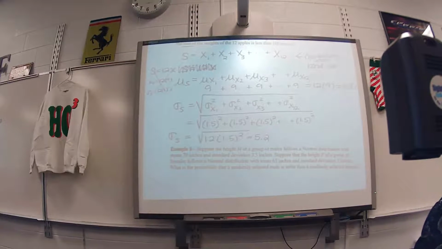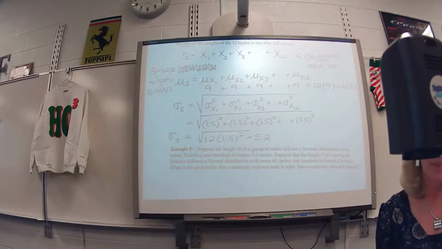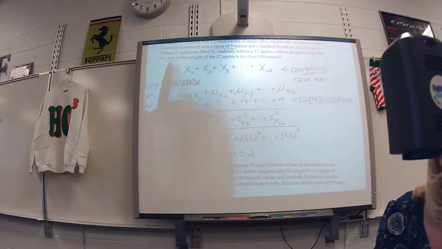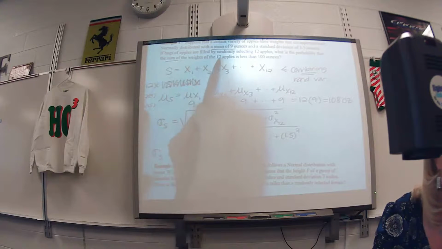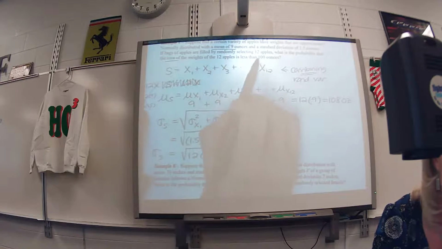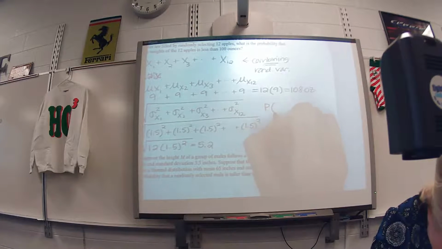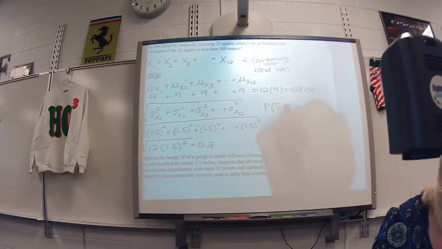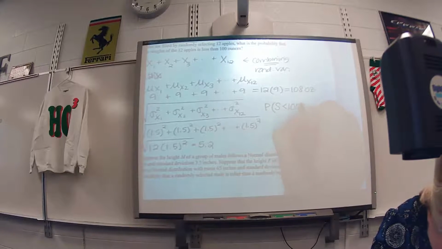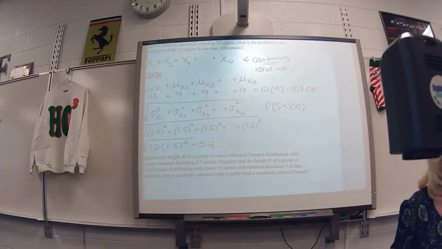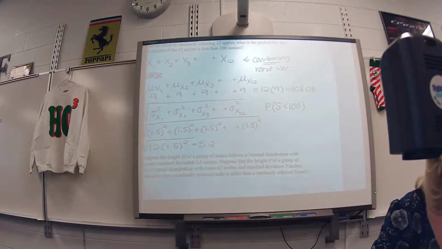Now, we haven't even answered the question yet, because the question says, what is the probability that the sum of the weights of all those apples is less than 100? I need to know, what is the probability that the sum is less than 100 ounces? And now we get into our notation again.